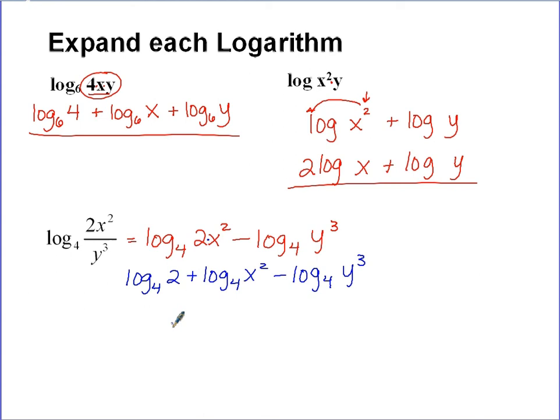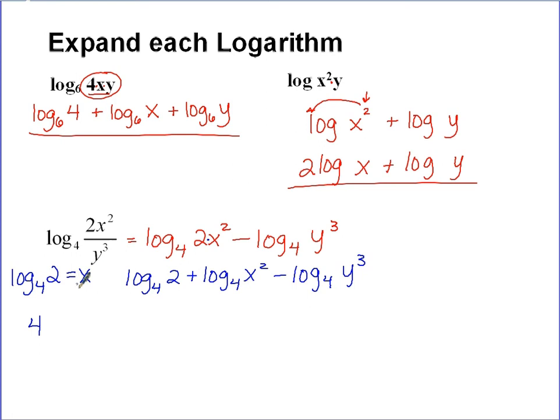Now the only thing is I see exponents still, and usually when we're expanding these we like to get rid of these exponents. And actually log base 4 of 2, there's actually a number represented there. If I did this over on the side, log base 4 of 2, I want to calculate that like I was doing earlier. I would set that equal to x, and I would change this into exponential form. This is log base 4, so 4 is my base.